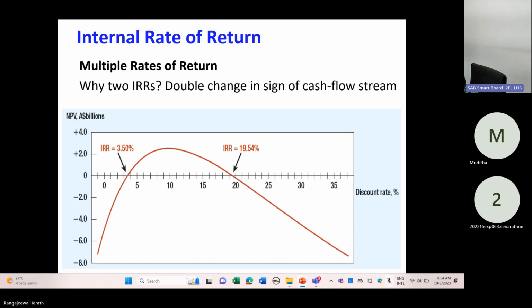Year 1 cash inflow 3 million. Year 2 cash inflow 4 million. Year 3 cash inflow 8 million. Year 4 again a net cash outflow of 6 million. Something like that. So in between the project period, there is a particular year where you will have a net cash outflow. In such a situation, you will get this.